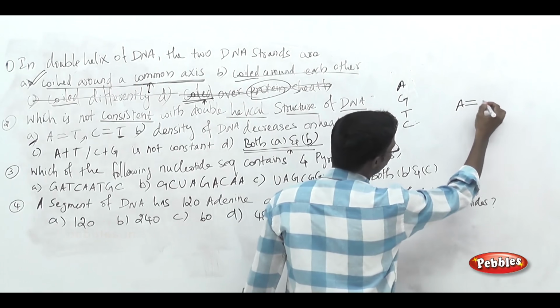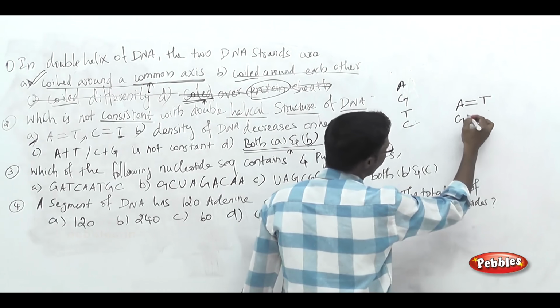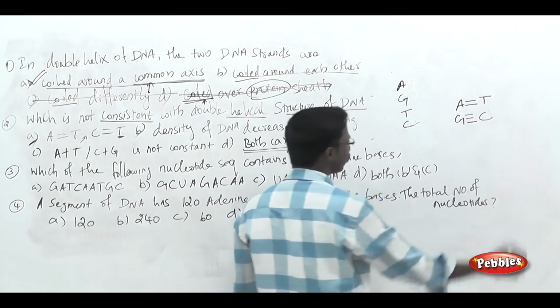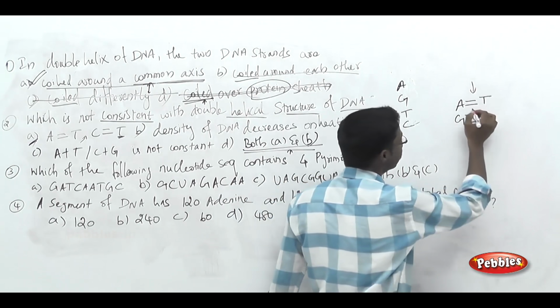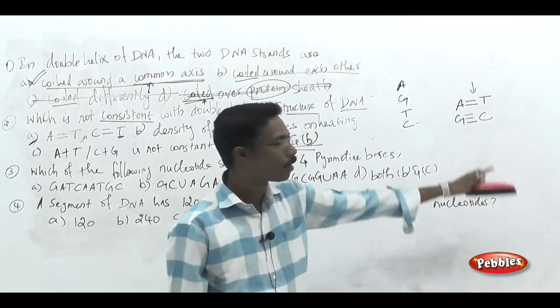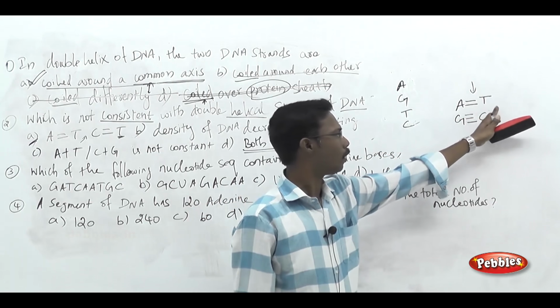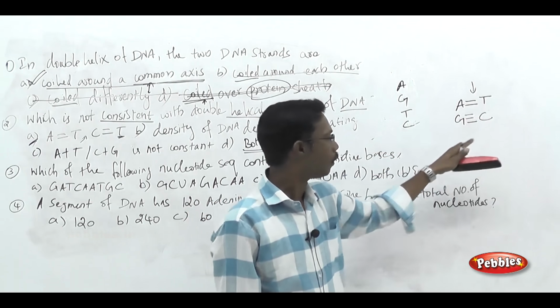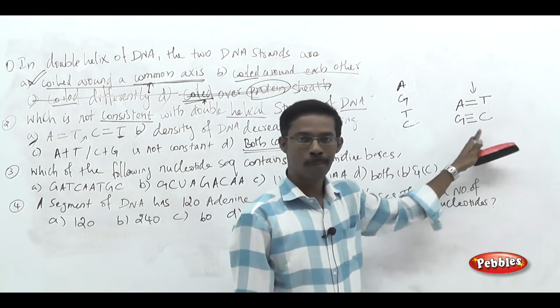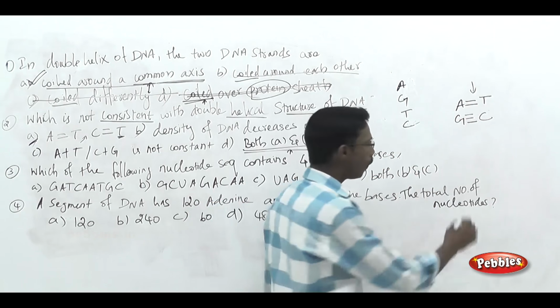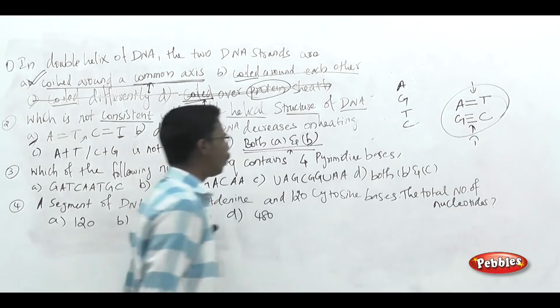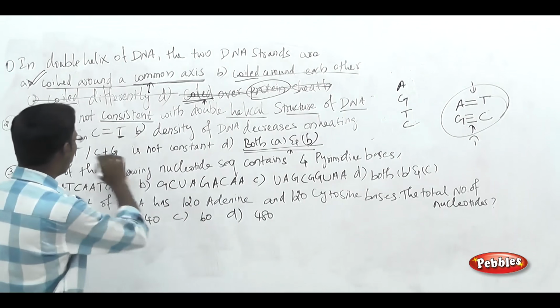Here we are mentioning these as hydrogen bonds, not as equal to. Adenine pairs with thymine by means of two hydrogen bonds, guanine pairs with cytosine by means of three hydrogen bonds. So remember this and come back to this.